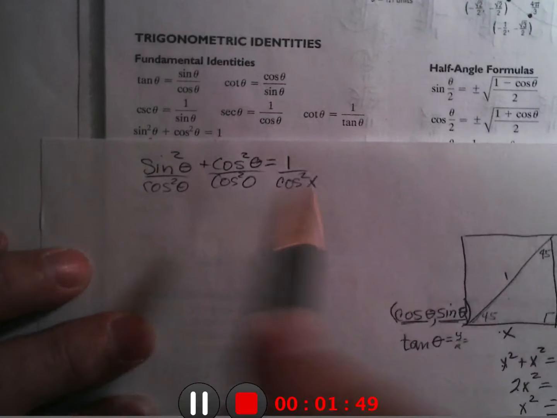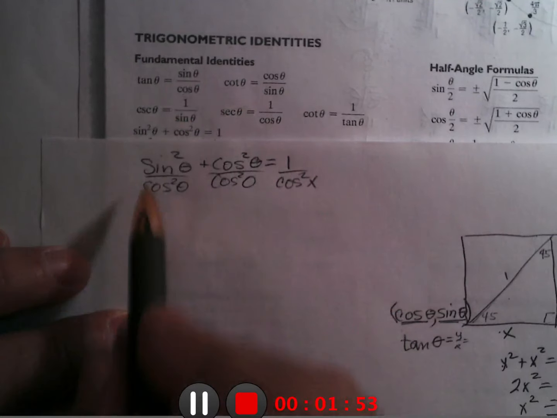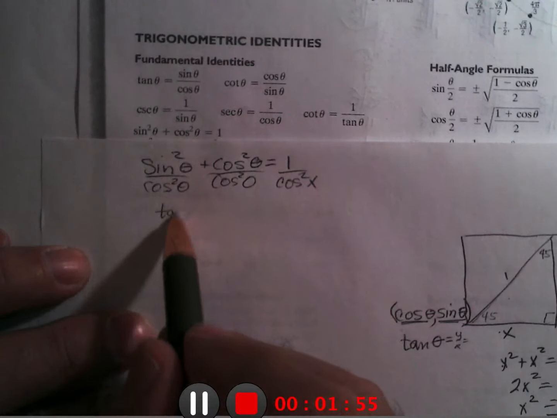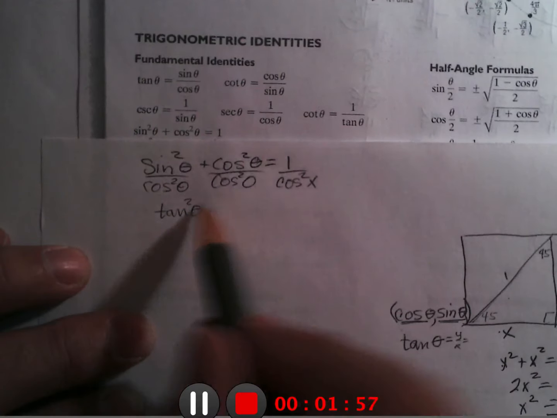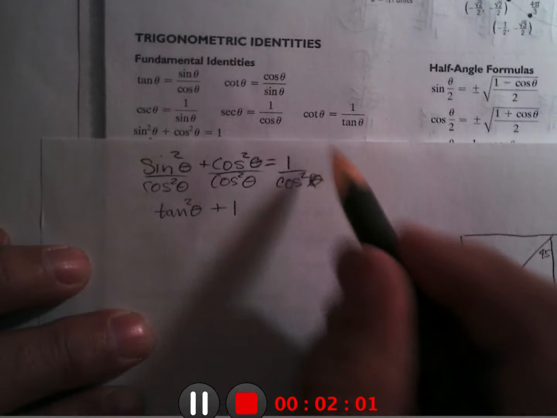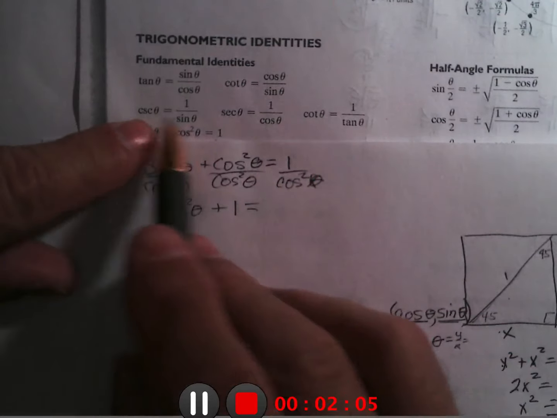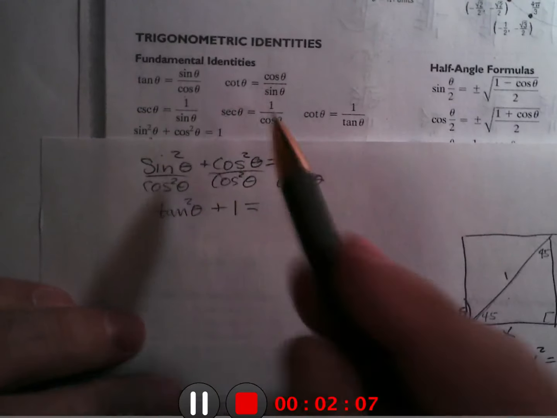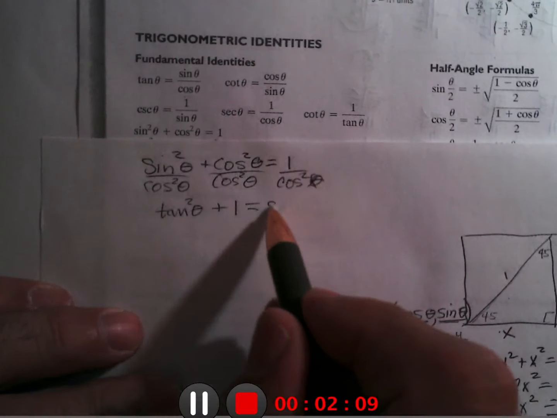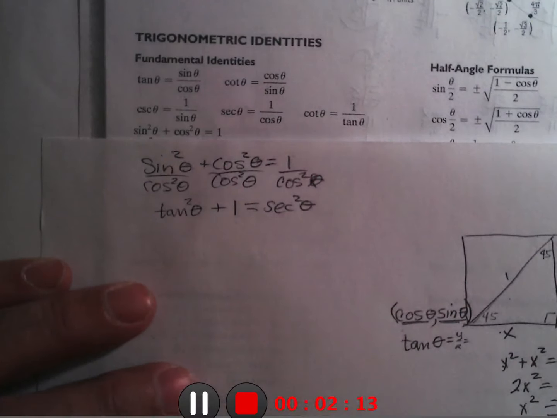Sine over cosine is tangent, so this is tangent squared of an angle plus 1 equals 1 over cosine squared. 1 over cosine is secant, and this is squared, so it's secant squared theta. Okay? Which is that formula.